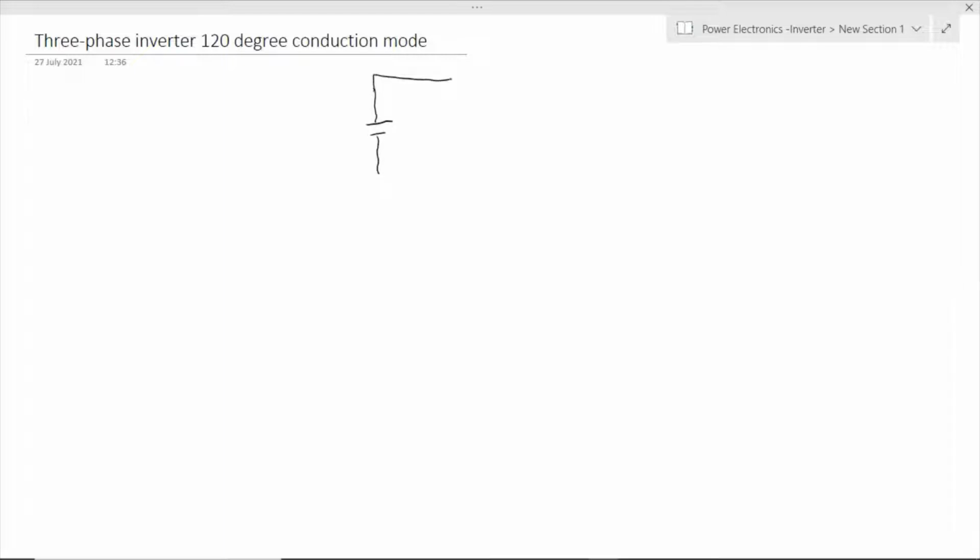So we are having switches. I'm not showing the diodes here. These are unidirectional switches. They can conduct current in only one direction.